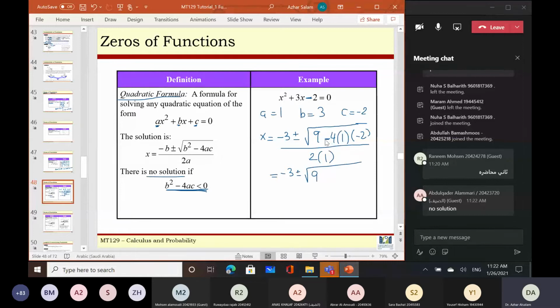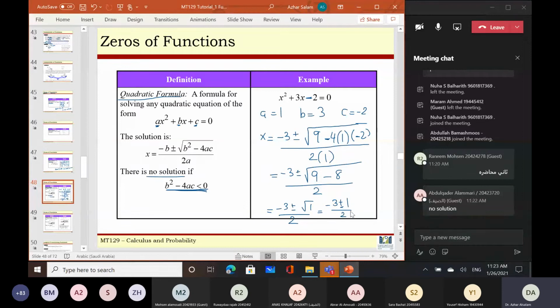Note here that I have minus multiplied by minus. So it will be minus 8, which is 4 multiplied by 2, multiplied by 1, divided by 2, which is minus 3 plus or minus square root of 1, which is 9 minus 8, 1, divided by 2. Of course, the square root of 1 is 1, and I already have plus or minus, so minus 3 plus or minus 1 over 2.